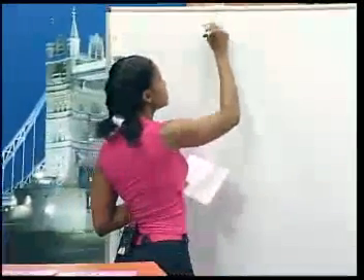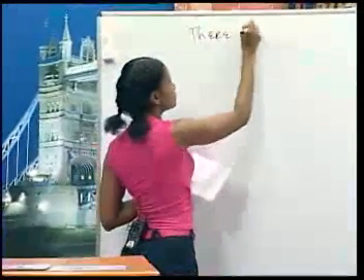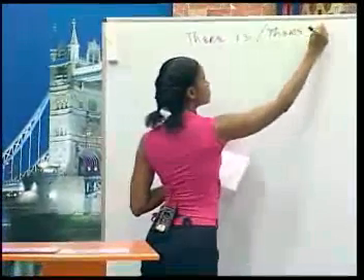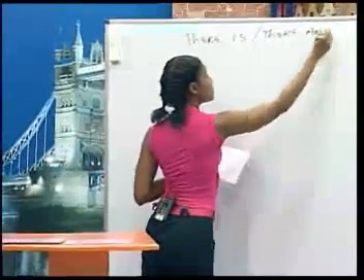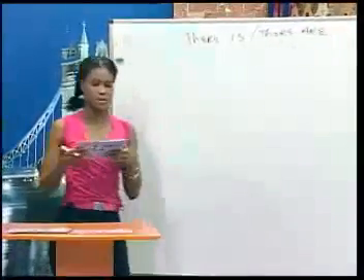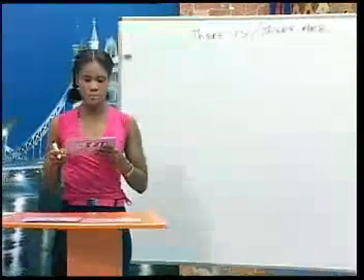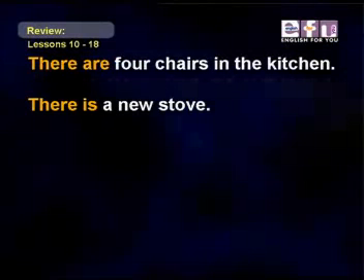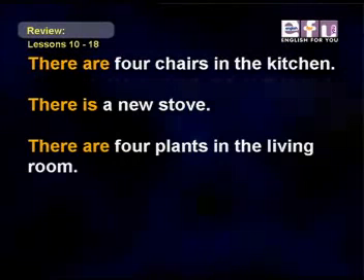Now, let's quickly review. There is and there are, to show that something exists. For example, there are 4 chairs in the kitchen. There is a new stove. There are 4 plants in the living room.